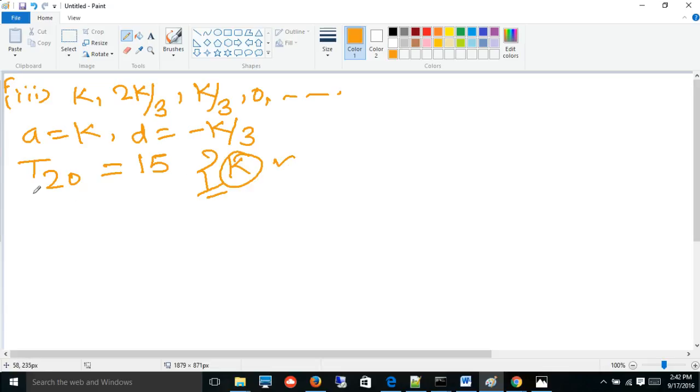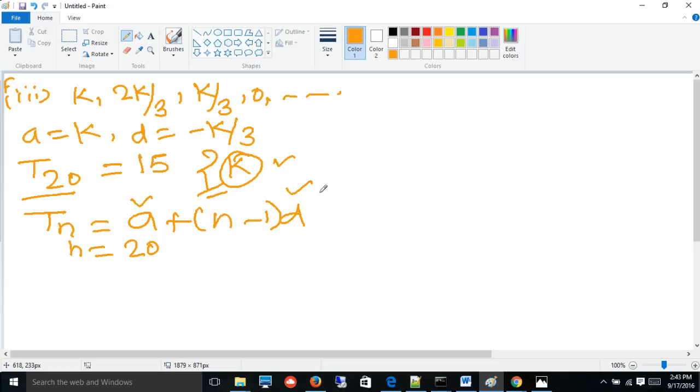Since T20 is given, we can apply the formula Tn equal to A plus n minus 1 into D. Now the value of n is equal to 20. We know the value of A and the value of d from our previous part, as we have mentioned at the top.